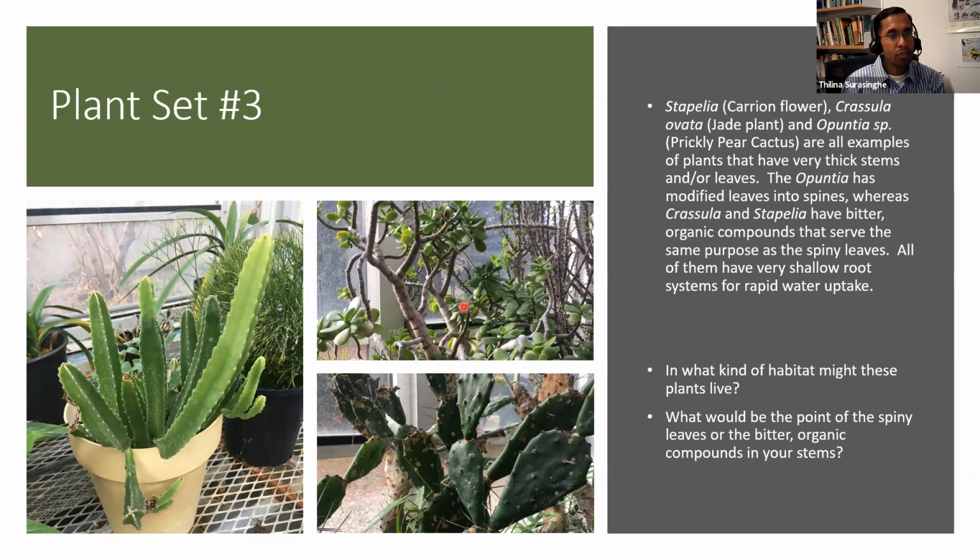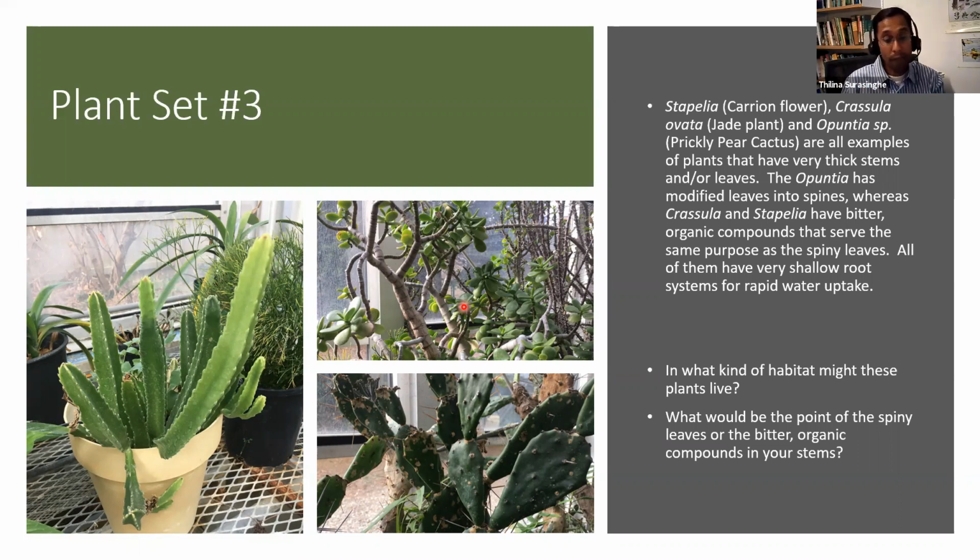But in contrast, the jade plant and the carrion flower have bitter organic compounds that serve the same purpose as spines, meaning the organic compound they produce in the carrion flower and in the jade plant is toxic and prevents predation.